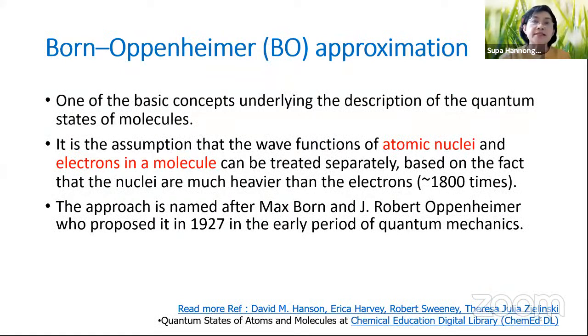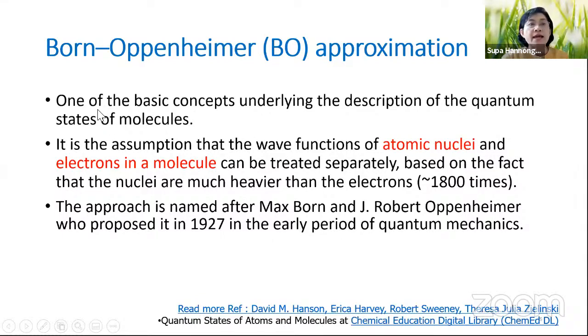And just for you who may not be familiar with the Born-Oppenheimer approximation, this is a very important approximation. Actually, this approach was proposed by Max Born and J. Robert Oppenheimer in 1927, okay, which is the early period of quantum mechanics.